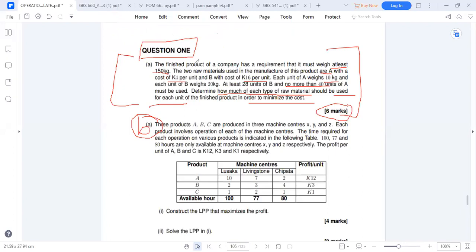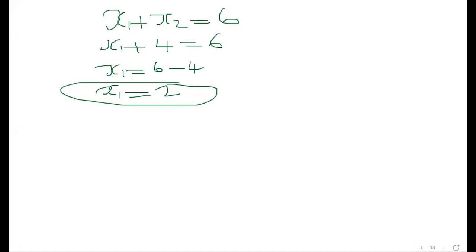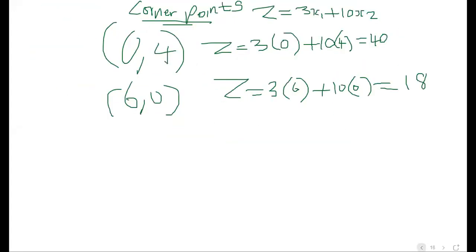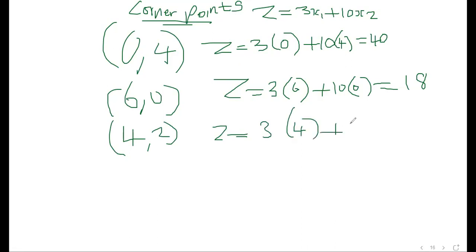So from there, we are simply now substituting the corner point 4,2. And then our z is going to be 3 times 4 plus 10 times 2. So it will give us 32.